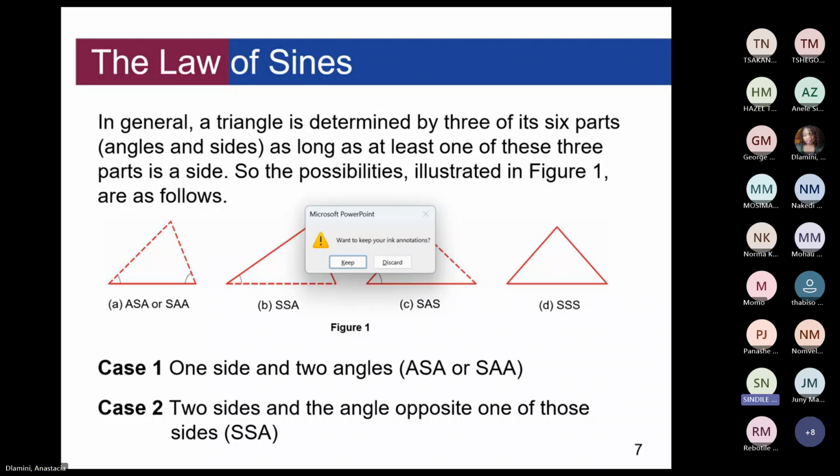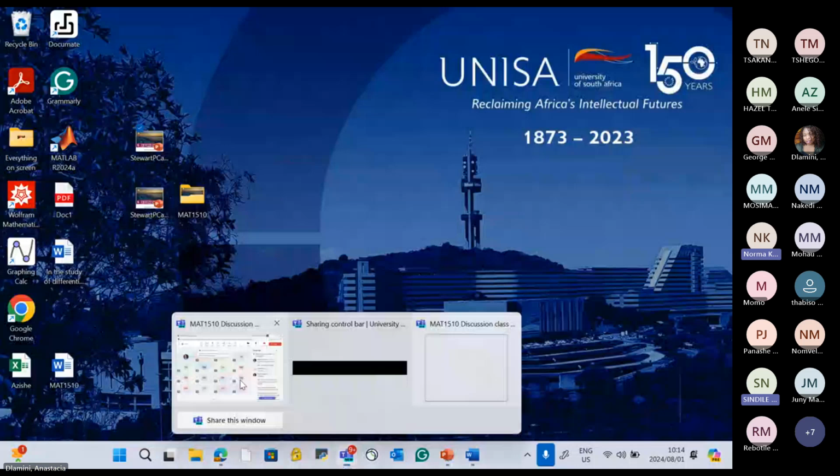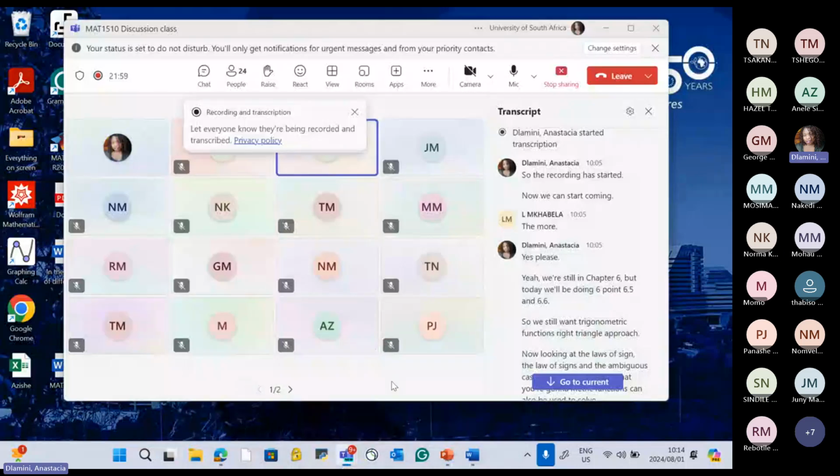What you were trying to explain was that you can have a triangle with all three angles inside, but you may make many triangles out of that. Yes. Do you understand?